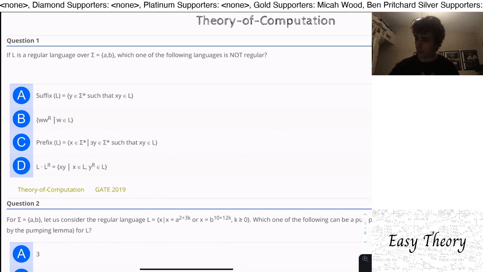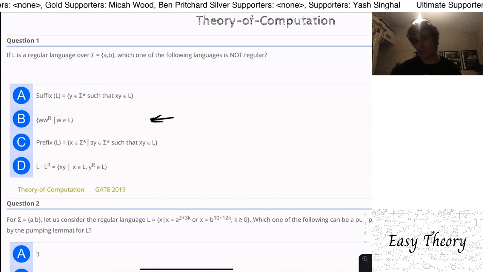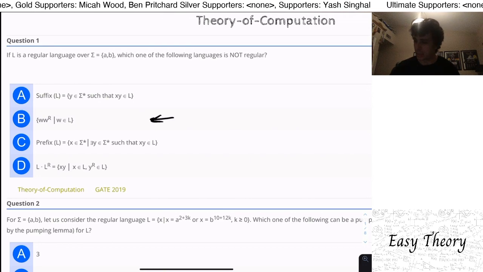So this first one is, if L is a regular language over {a, b}, which of the following is not regular? We actually solved this before in a previous video, and it turns out it's B. The reason is you can do it by process of elimination, because regular languages are closed under reversal and concatenation. So D is regular: L is regular, L reverse is regular, and their concatenation is regular.